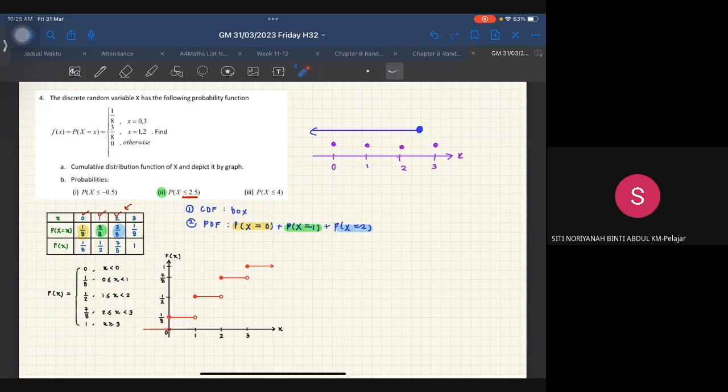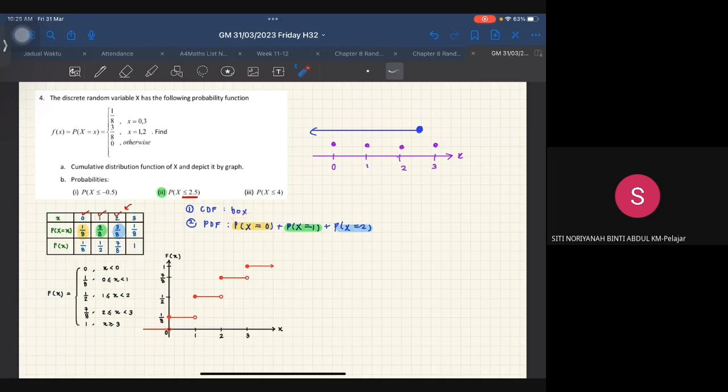So table tu datangnya function, lepas tu baru datangnya graph. Okay, so saya galakkan awak untuk buat table dulu macam ni. So buat table untuk PDF, this one, masukkan dalam table. And then for cumulative, the second part pun awak buat table juga. Walaupun soalan tak suruh, tak apa. Okay je. Right? Okay, so settle untuk satu cara, dua cara. So yang box ni saya tak ajar, awak boleh buat sendiri, this one.